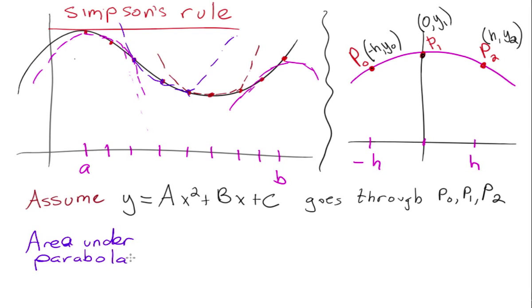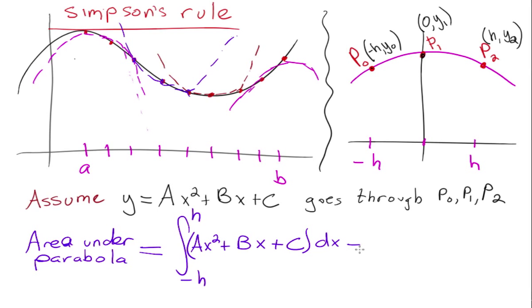oh, come on, guys, you know this. Yeah, the integral. The integral from where to where? Negative h to h of ax squared plus bx plus c. Okay, now we're going to get a little clever.